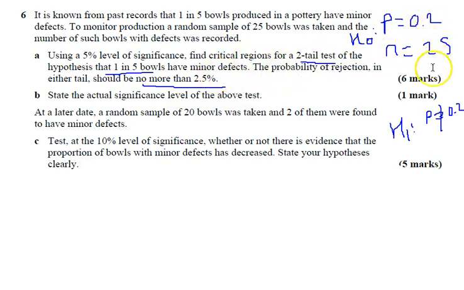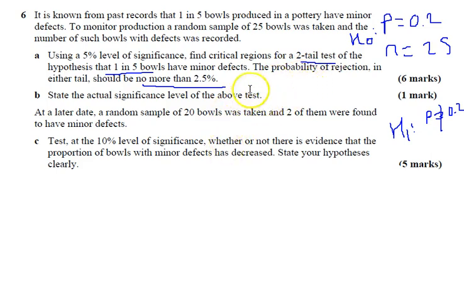So we have the values here, and we're looking for the critical region. If you're looking for the critical region, then it's easier to use the tables. If we were doing it on the calculator, we'd have to try 0, try 1, try 2 until we found the boundary. So it's much easier to do it from the tables this way.